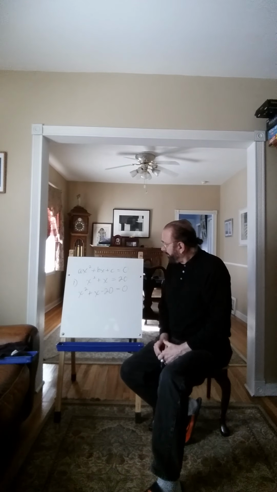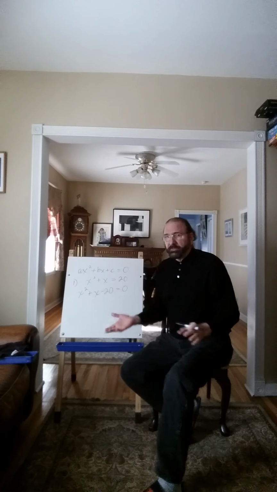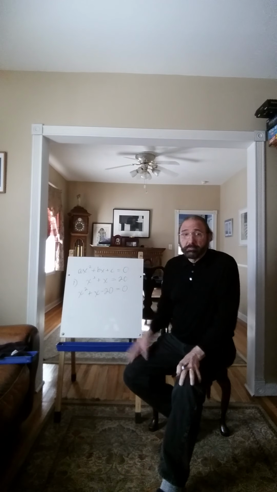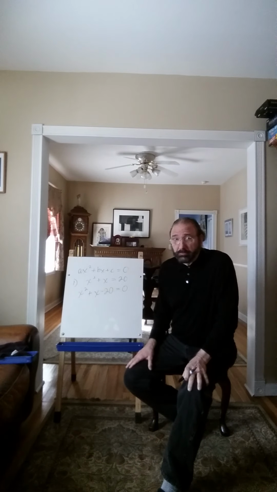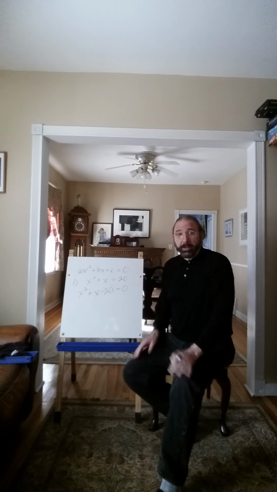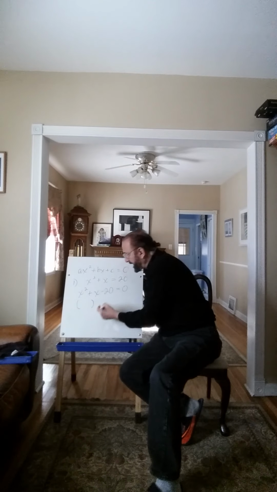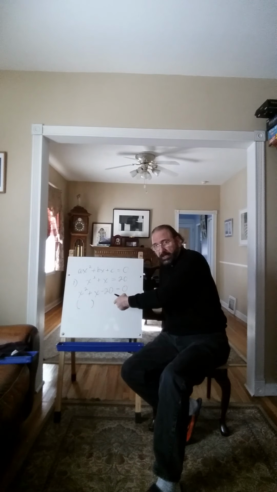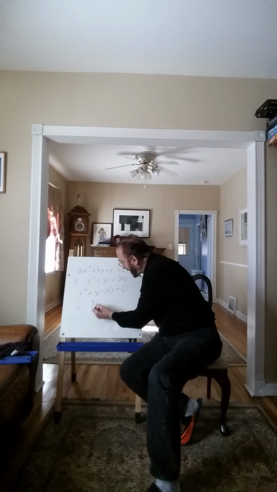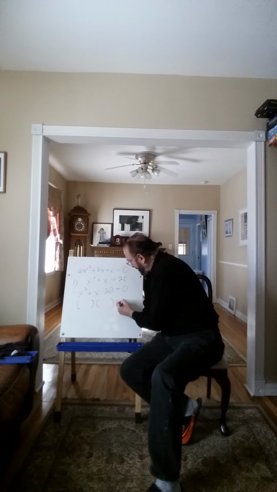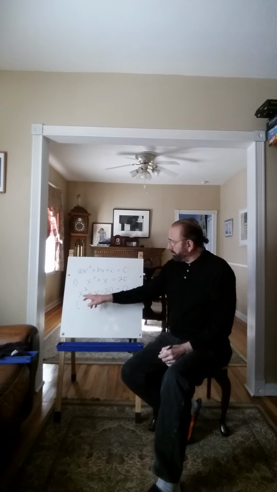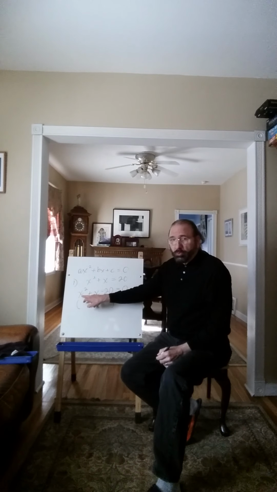Now you have to ask yourself, could this be factorable? Let's try. We know that it's a quadratic. We know that it's a trinomial. And I know that the square root of x squared is x.